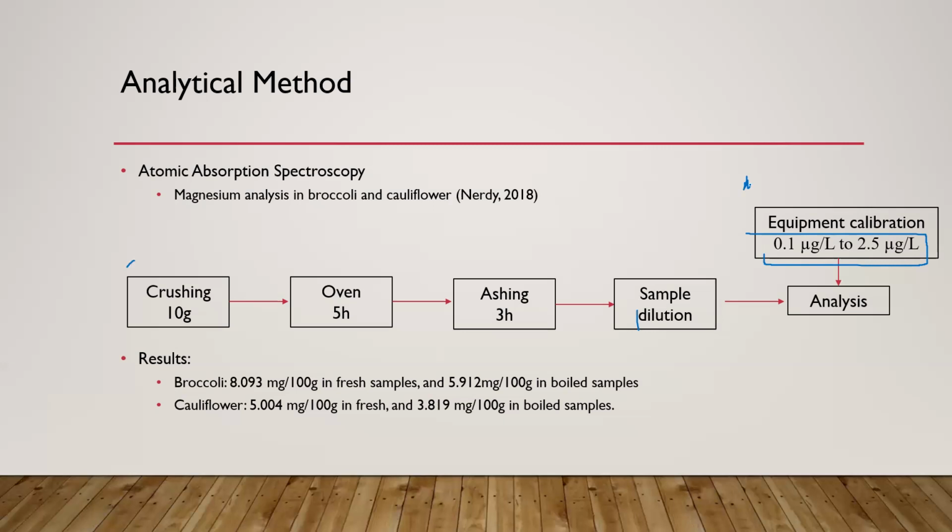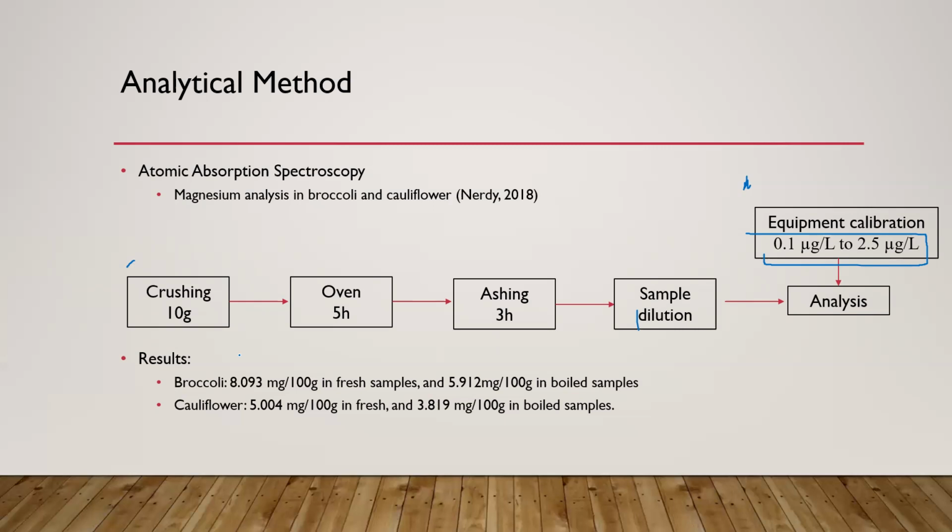And the results for this analysis for broccoli were 80.093 milligrams of magnesium per 100 grams of broccoli in fresh samples. In boiled samples, 5.912 milligrams was found for each 100 grams of broccoli. In cauliflower, there were 5.004 milligrams in each 100 grams of fresh cauliflower, and in boiled samples it reduced to 3.819.